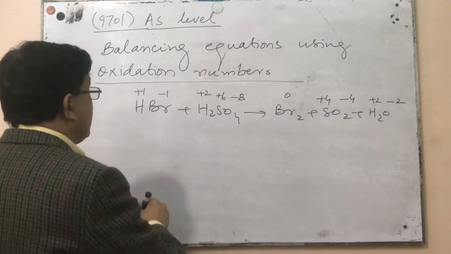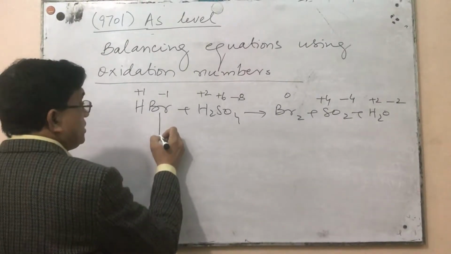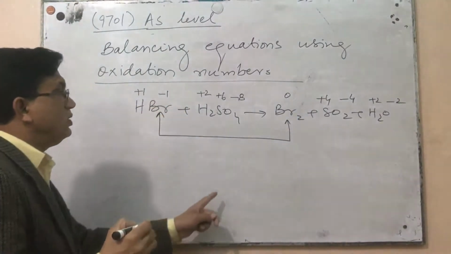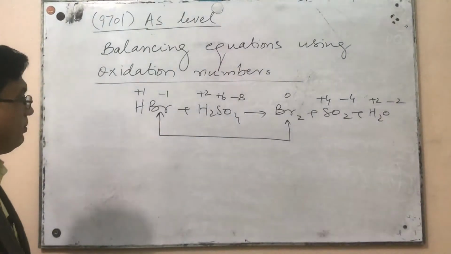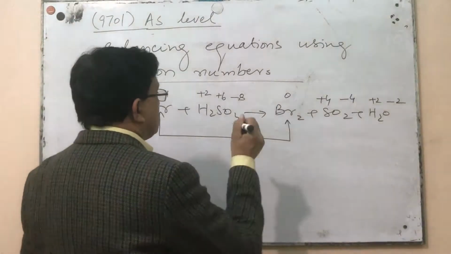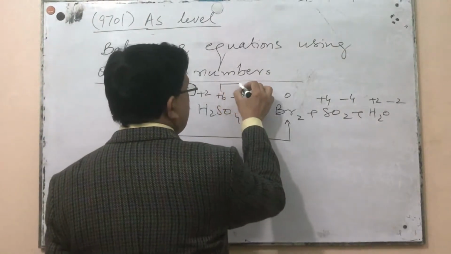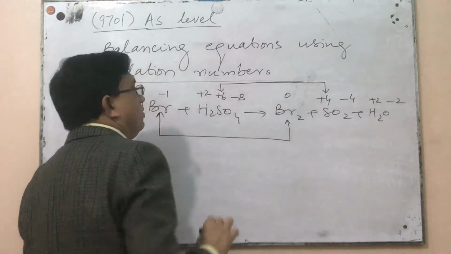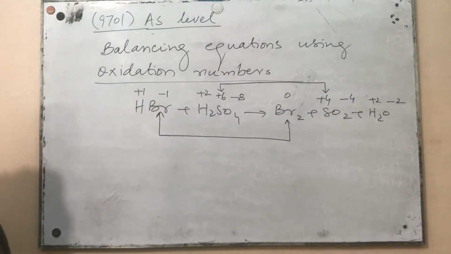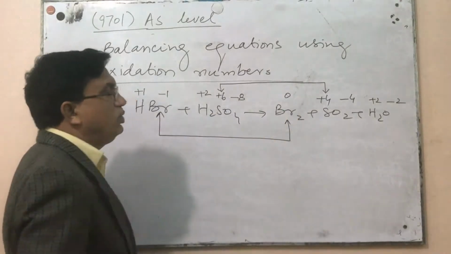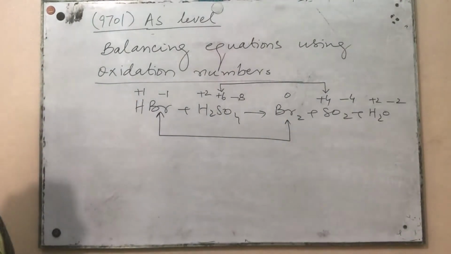It is clearly indicating that bromine oxidation state is changed from -1 to 0. And secondly, the sulfur oxidation state is changed from +6 to +4.